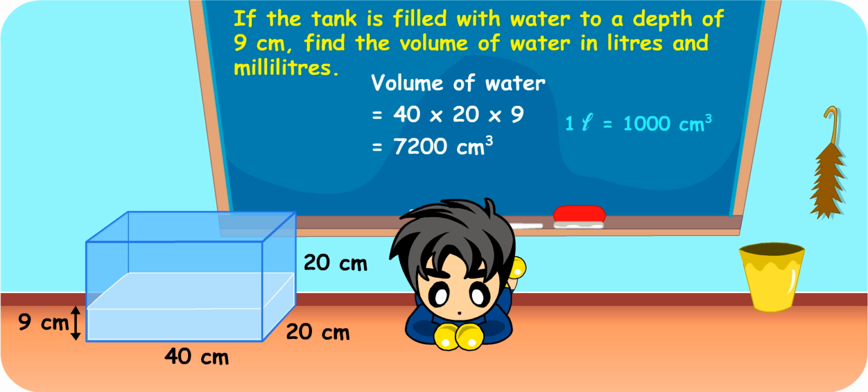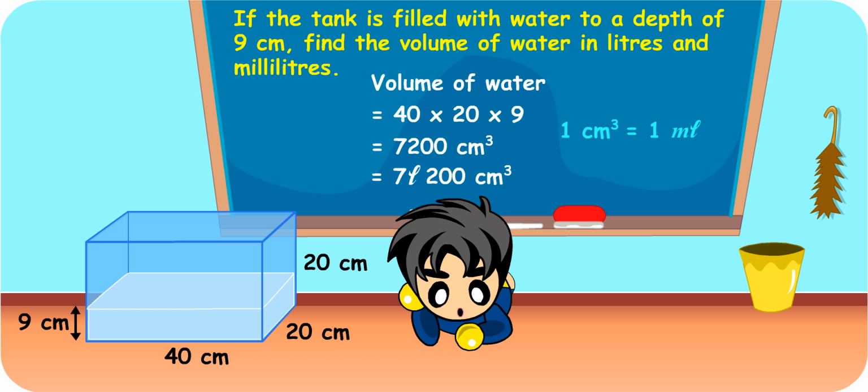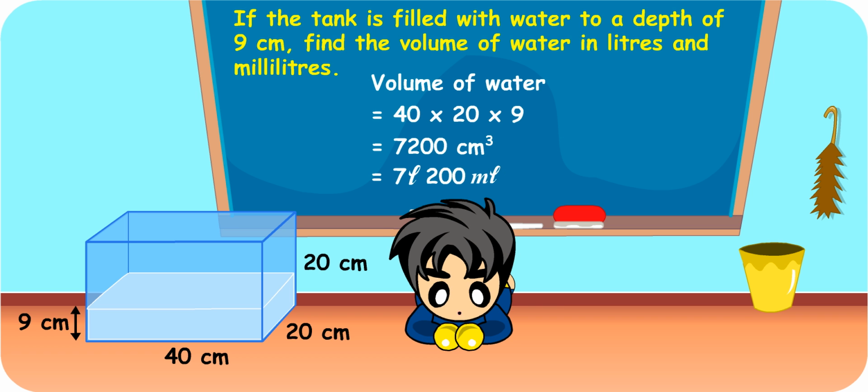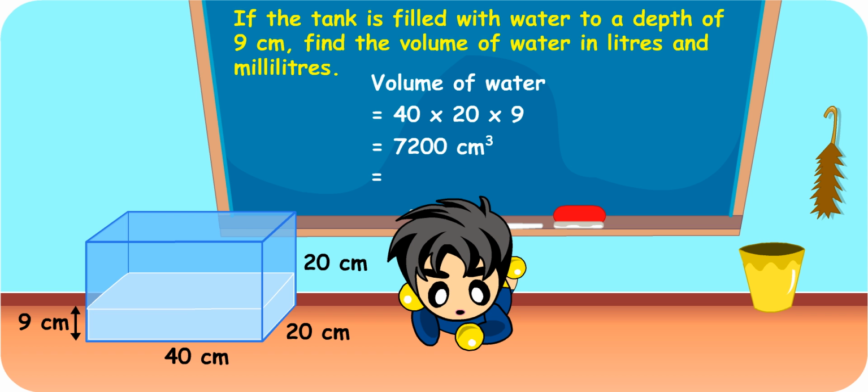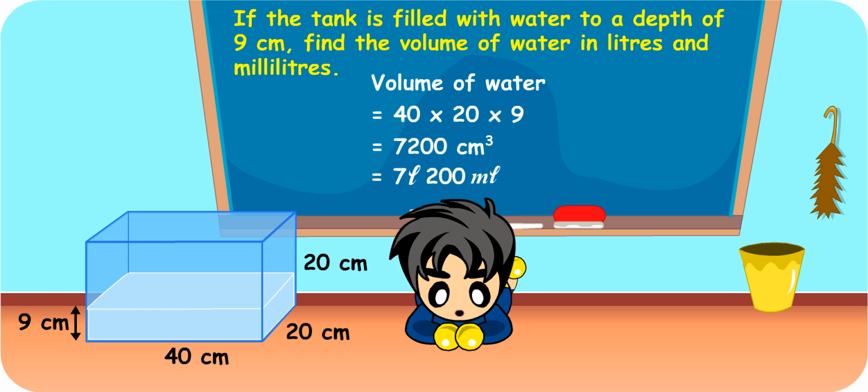As 1 liter is 1000 cubic centimeters, 7,200 cubic centimeters is 7 liters and 200 cubic centimeters. Since 1 cubic centimeter is 1 milliliter, 200 cubic centimeters is 200 milliliters. Thus, the volume of the water is 7 liters, 200 milliliters. Well done, Turbo Boy.